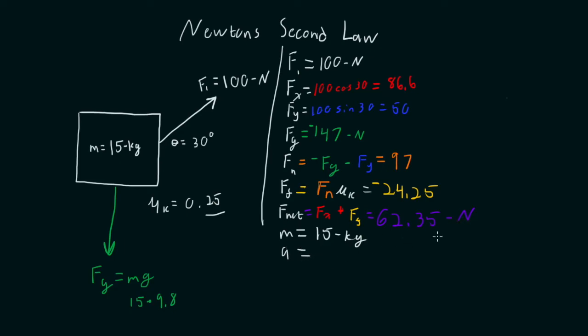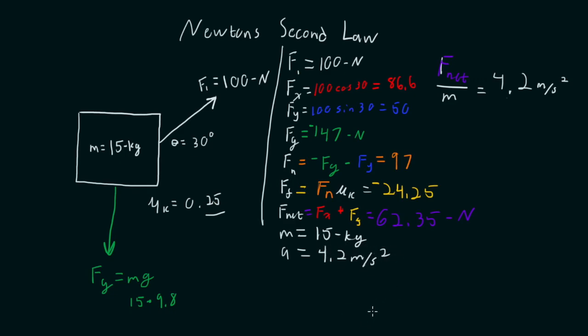I'm going to take my F net divided by my mass. It's going to be 62.35 divided by 15, and that gets me 4.2 meters per second squared.